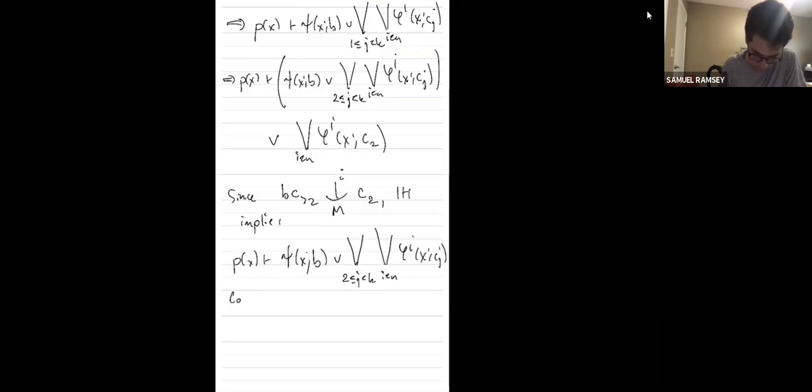So continue k minus 2 more times, and we obtain that P of x implies C x b, because that's exactly what you want. At a certain point, you get rid of all of these disjunctions, just iterating this argument k many times.